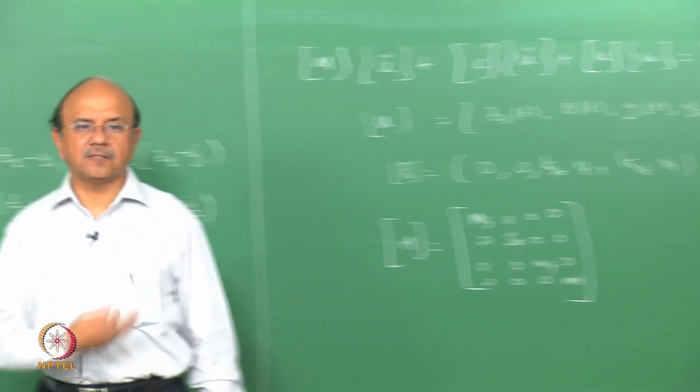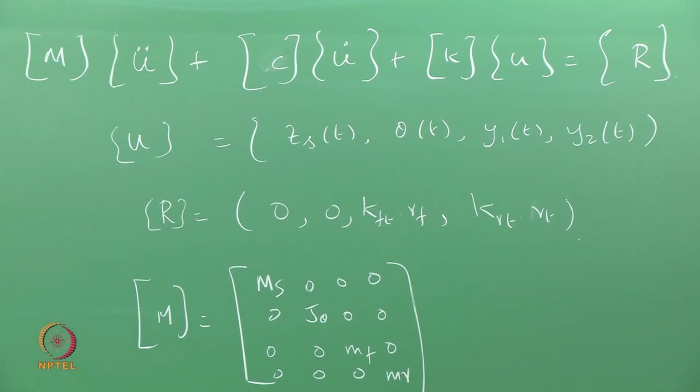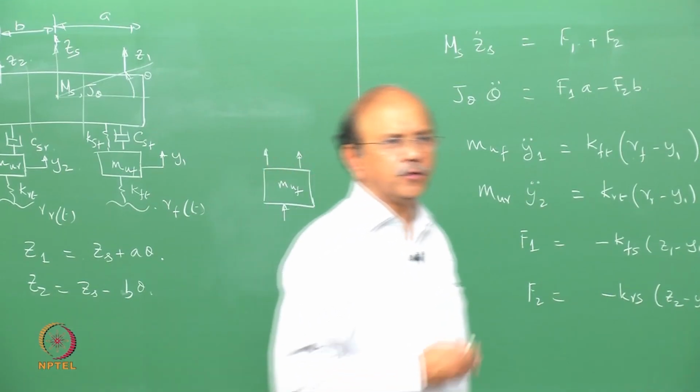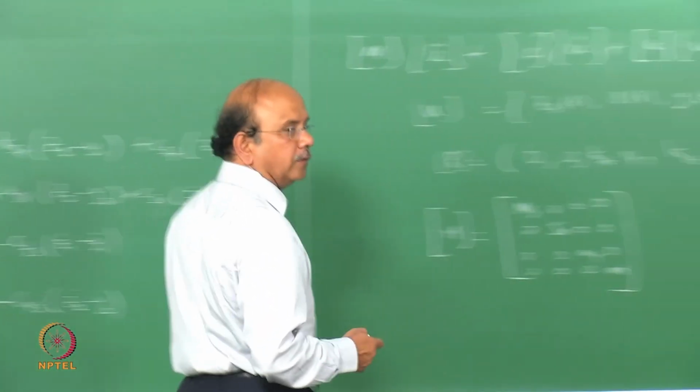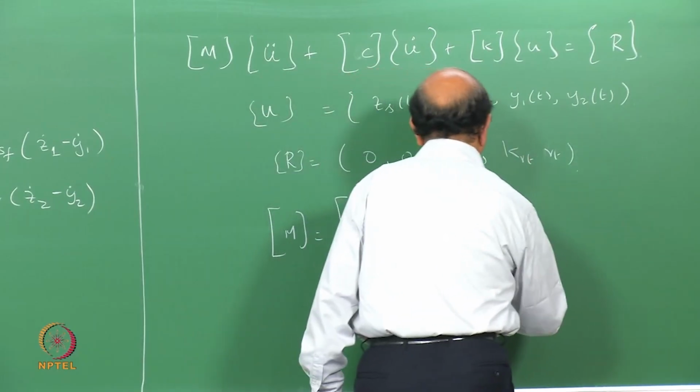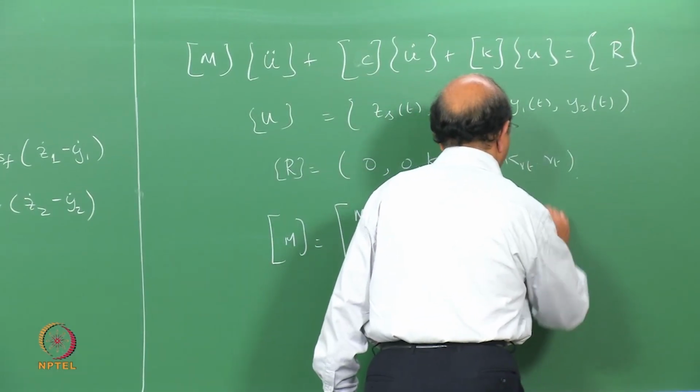Okay, so that's quite straightforward. You can see, what am I doing? I'm very simple, 4 equations. I'm just rewriting it in a matrix form. Okay, you know why I'm doing it. It's quite straightforward. So the next is the C matrix.